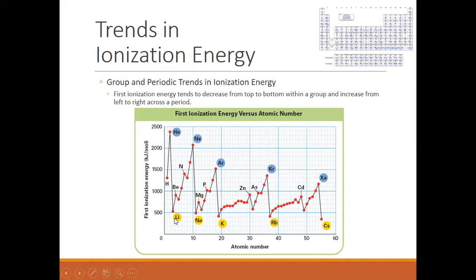And on the bottom, you have your group 1, your lithium, sodium, potassium, rubidium, and cesium. So what you can probably notice here is that as you go across, the noble gases have the highest ionization energy, and the group 1 metals have the lowest.